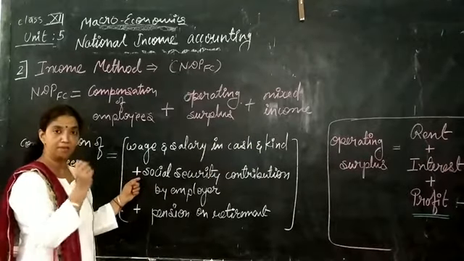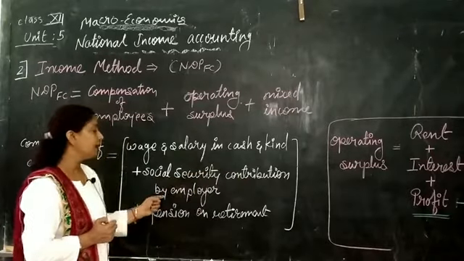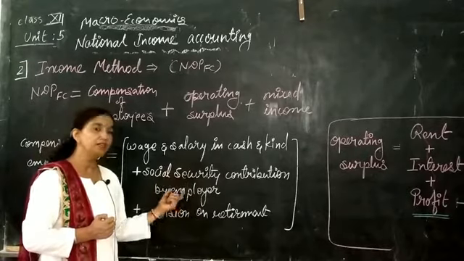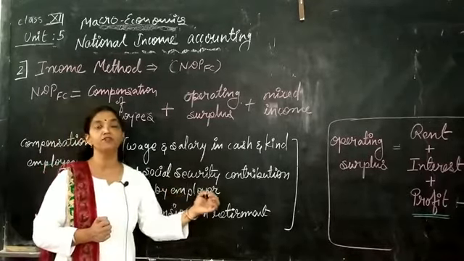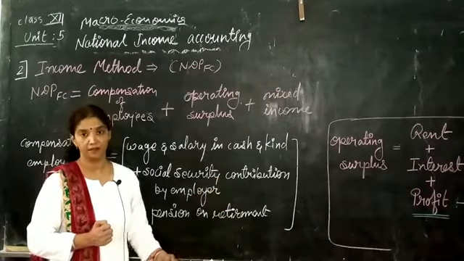The second item in compensation is social security contribution by employer. This is a part of income which is paid by the employer on behalf of the employee. For example, provident fund.